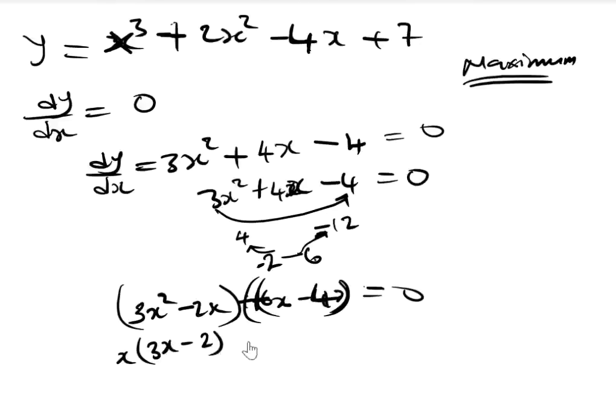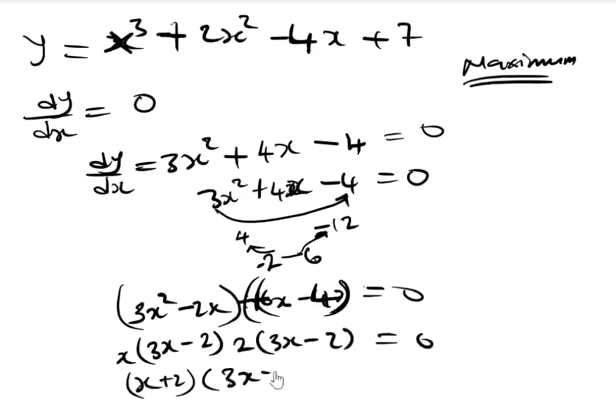If I factor 2 here, this will be 3x minus 2 as well, equal to 0. Therefore, I have my factors to be x plus 2 and 3x minus 2, and both are equal to 0.